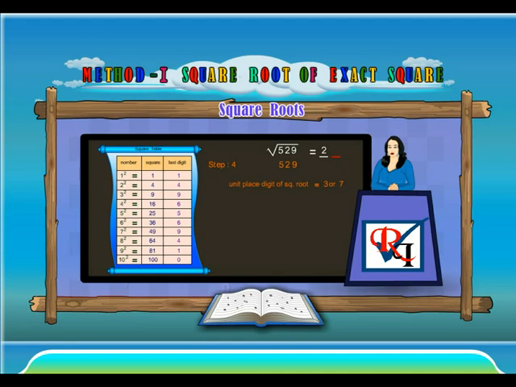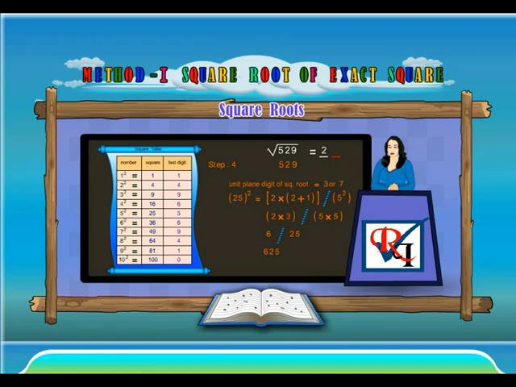Again, to finalize the correct unit place digit, we are going to compare the given number with the square of 25. As we know, the tens place digit is 2, so 25. Got it? So finally calculate the square of 25, which is an easy one.